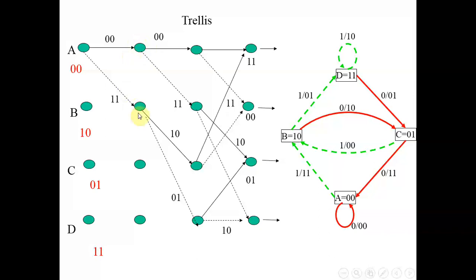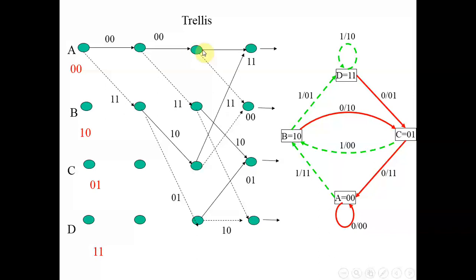Now at this place you have 2 states active. Now here onwards you can go from A to A, or you can move from A to B, or you can go from B to C and B to D. B to C is this transition, and B to D is this transition, right? And at this point all the 4 states are active now.